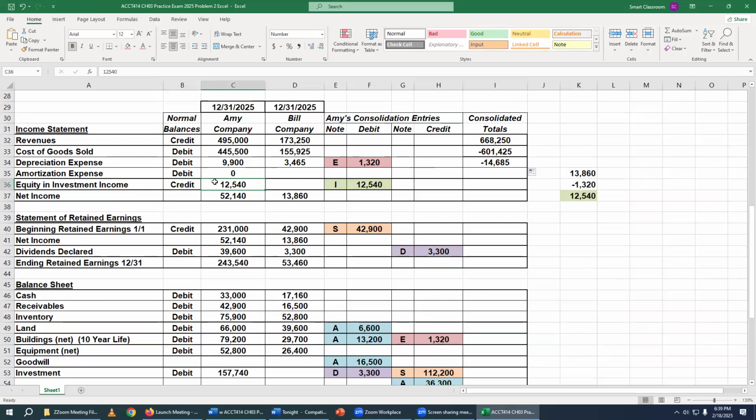This is a credit for 12,540. We have a debit for 12,540, so this will be zero. And if we did it right, they should come out to be the same. Hey, it did, yay.